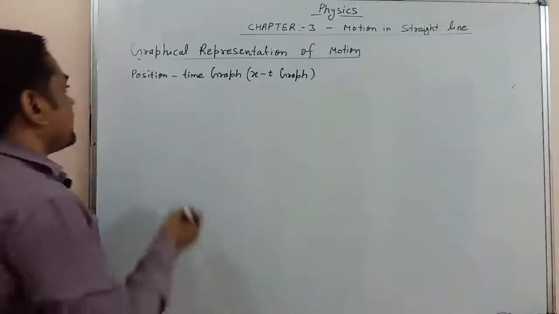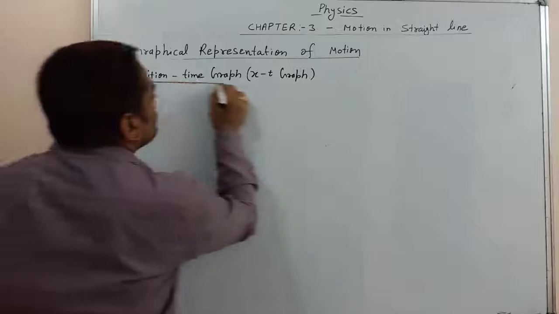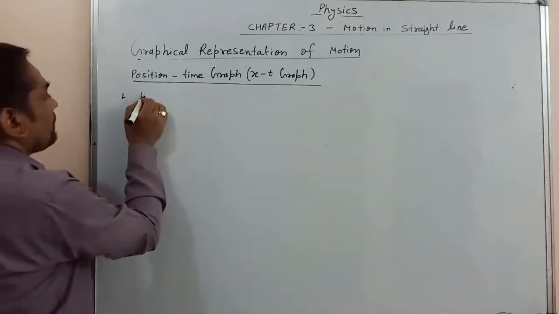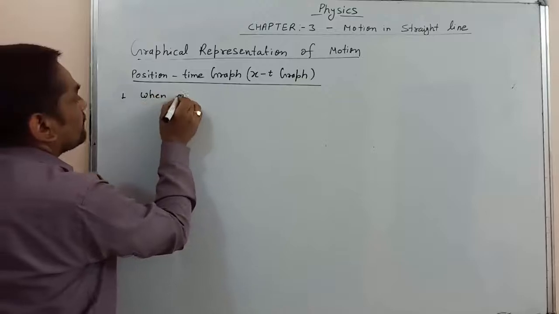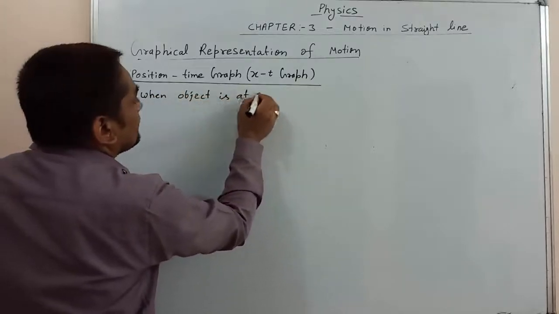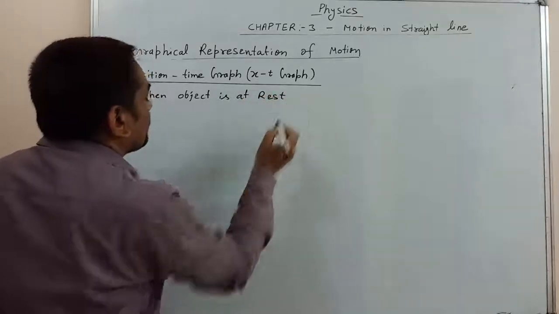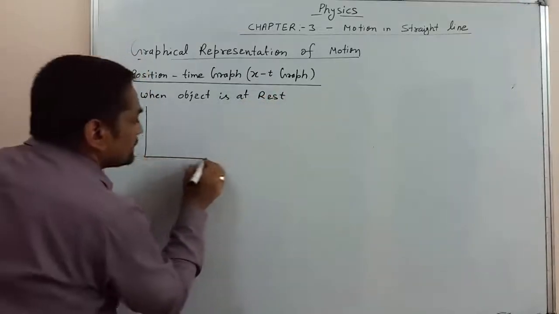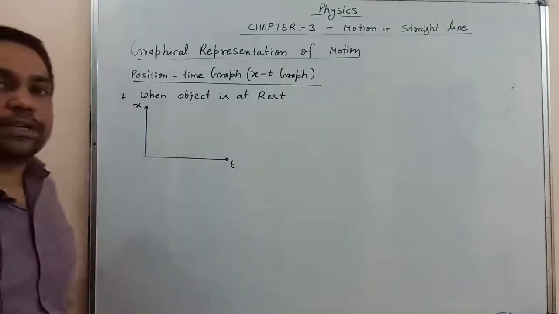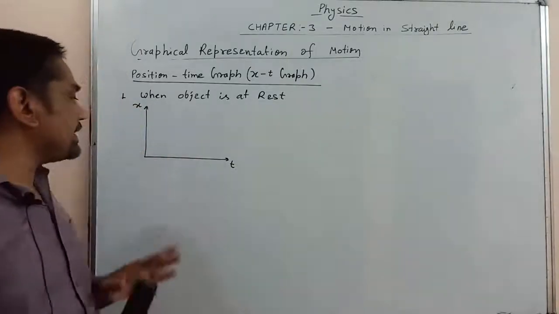So there are different types of position time graph. So first, when the object is at rest. Okay, this is the time axis and this is displacement axis. So displacement and time.